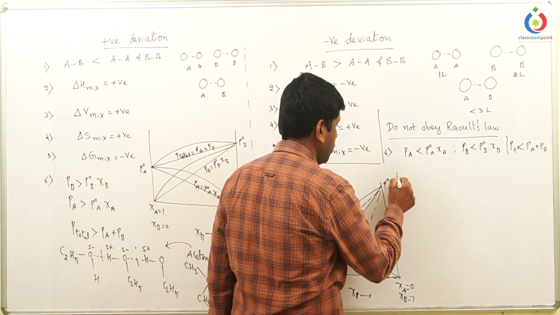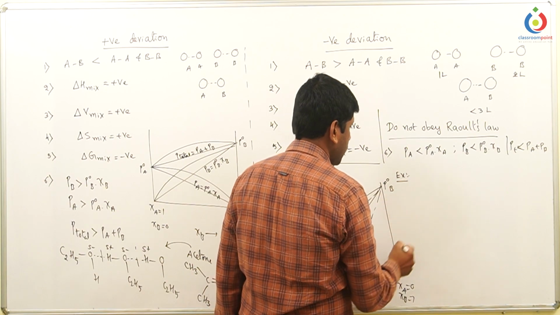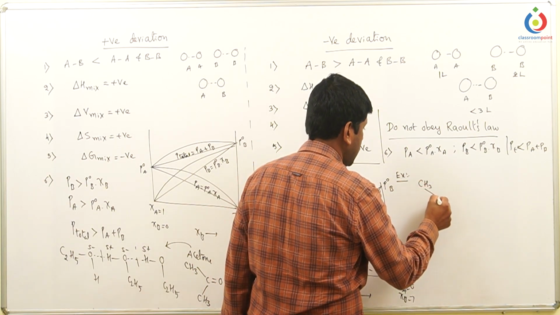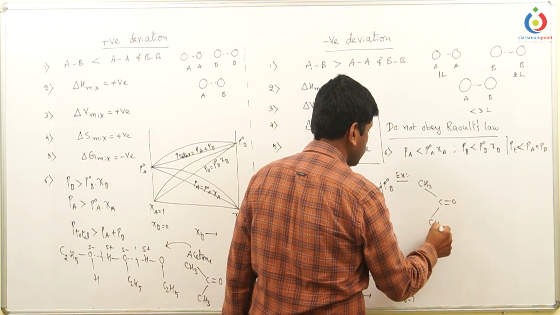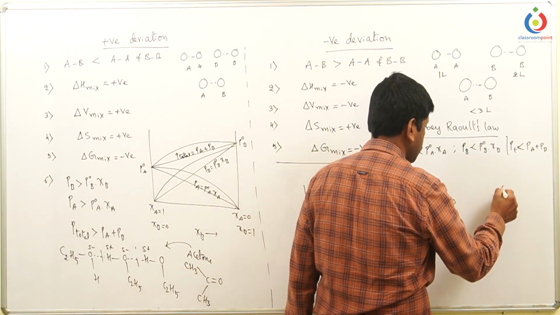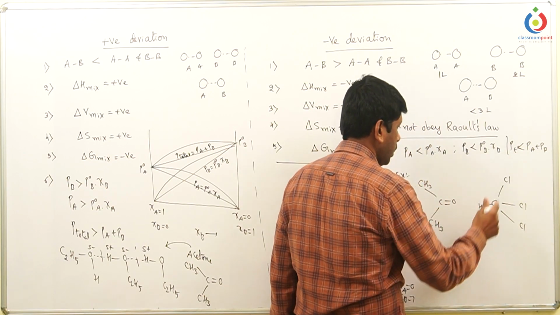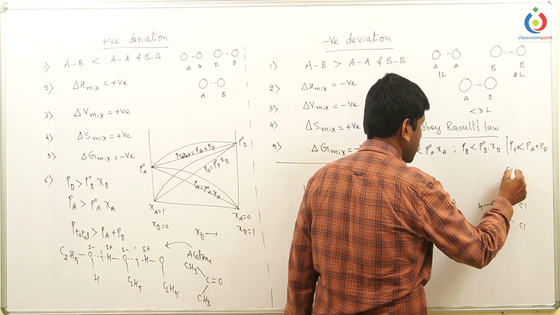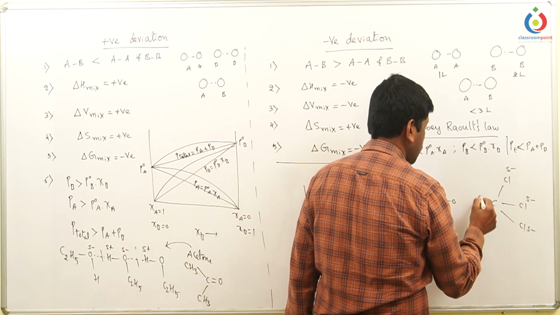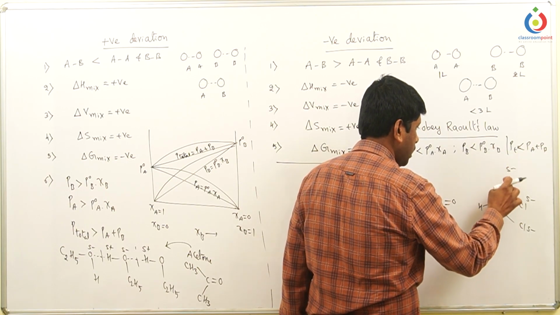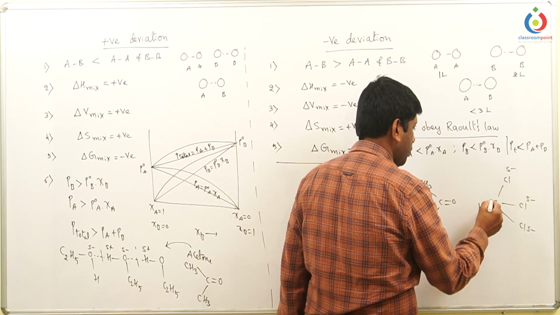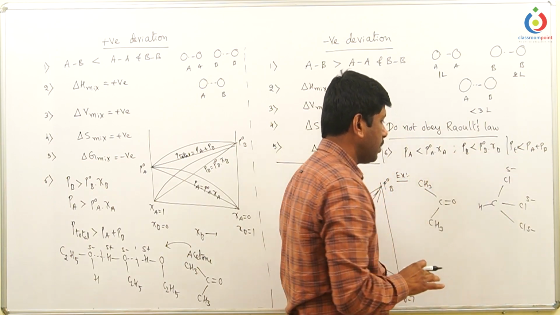Let us take an example here. When an acetone molecule is added to chloroform, in chloroform there are 3 chlorine atoms which have partial negative charges and a hydrogen. They pull the electrons from the carbon, so that carbon feels more positive charge.